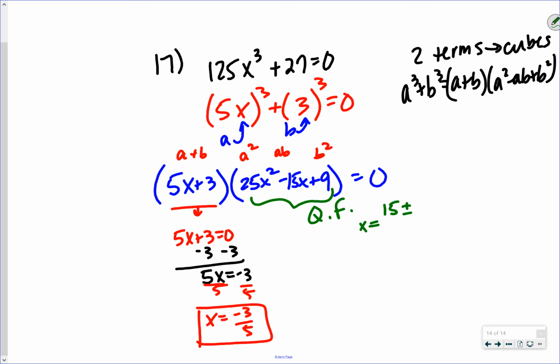Plus or minus the radical of b squared. Radical 15 squared, minus 4 times a, which is 25, times c, which is 9, all over 2a, 2 times 25.